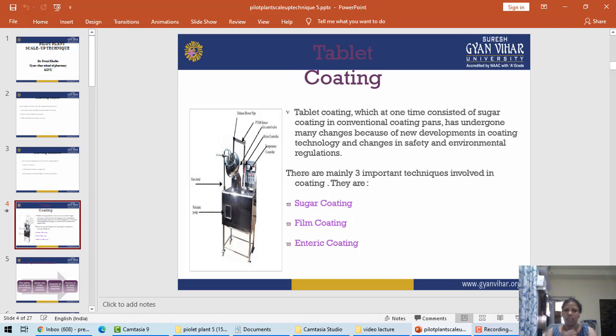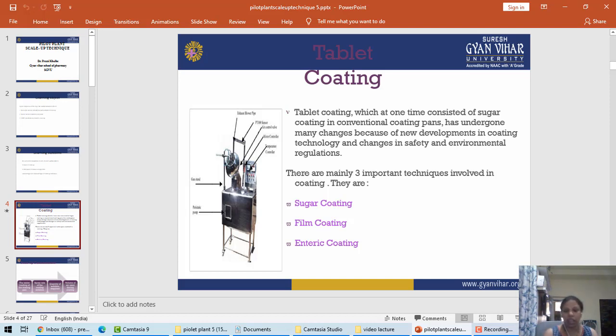There are multiple reasons why we require coating. The coating is essential. For example, if the tablet you are preparing is very bitter in taste, you want to mask that bitter taste, so you can do the coating. If you want delayed release of the drug from the tablet, you can also go for the coating.